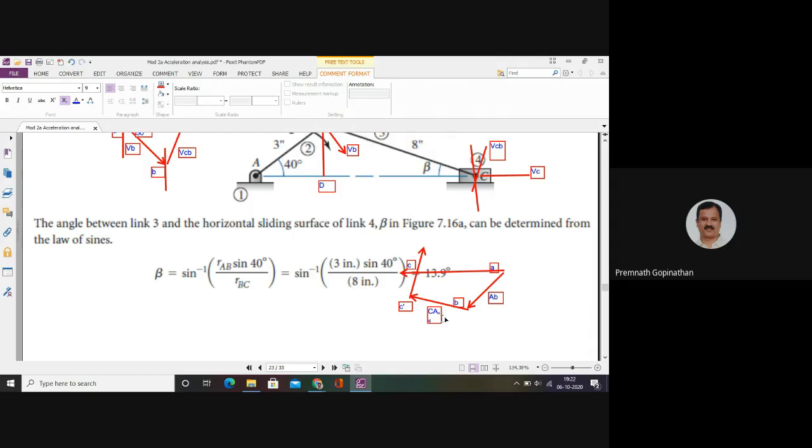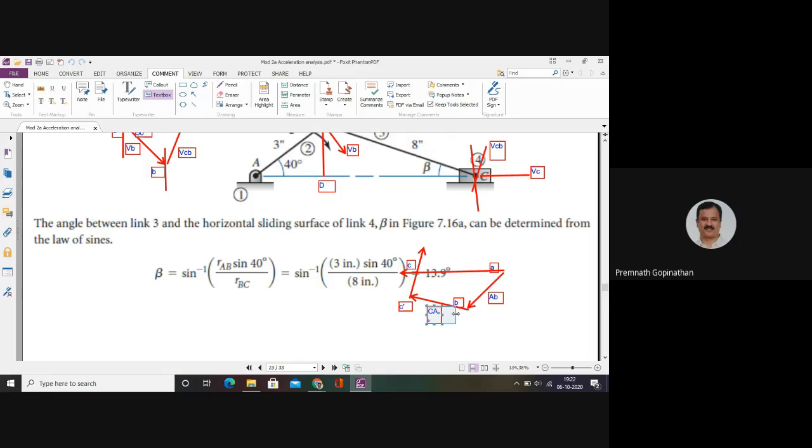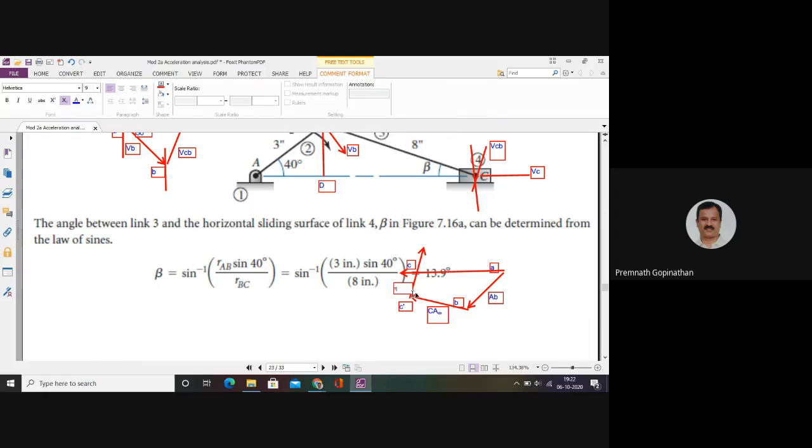So that's how you do it. That is the centripetal acceleration of C with respect to B, and here I can call it the tangential acceleration.